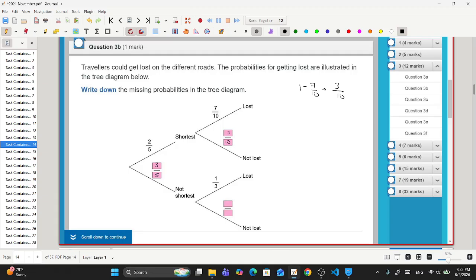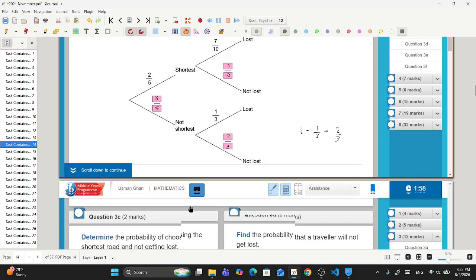Now, the probability of not taking the shortest road is 3 by 5, and being lost in it is 1 by 3. So automatically, not lost is 1 minus 1 by 3, which becomes 2 by 3. Yeah, that's the mark complete.